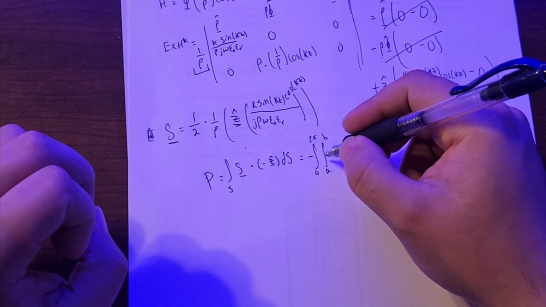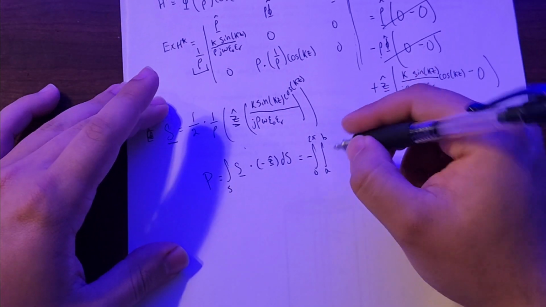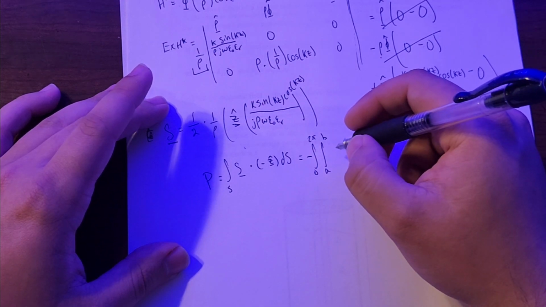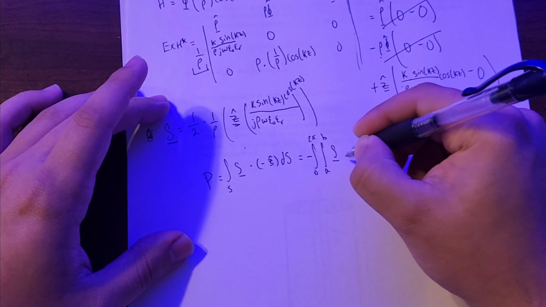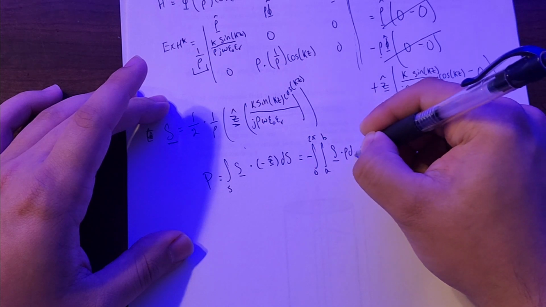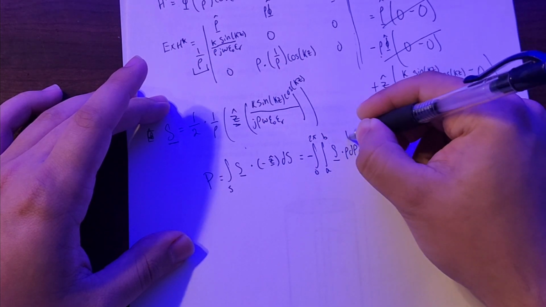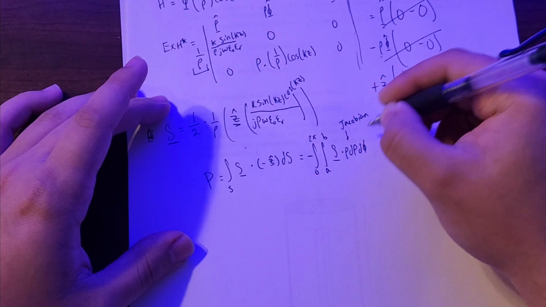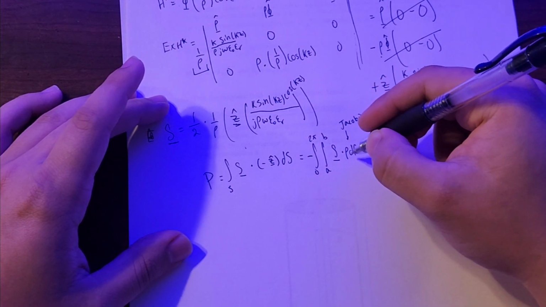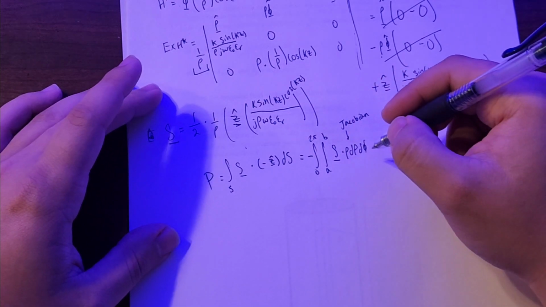cylindrical integral, surface integral, of the Poynting vector times rho d phi. And this is the Jacobian whenever we have a double integral. We have this rho d rho. So what is S?